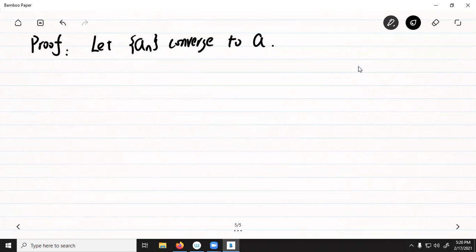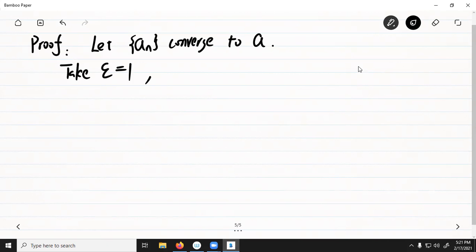Okay, so we want to use this definition. So it says for any epsilon, let's take one value for epsilon. For example, let's take epsilon equals 1, right? It is true for any epsilon, so we just take 1. We pick 1. You can pick 2. It doesn't matter.